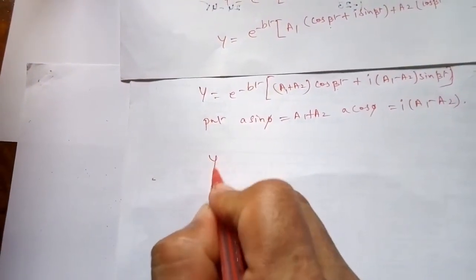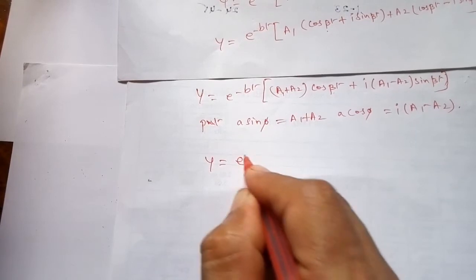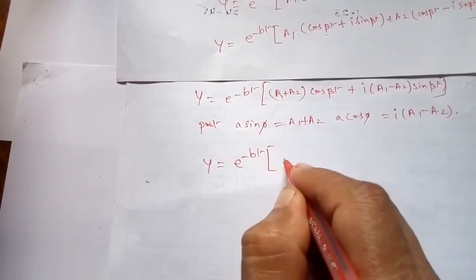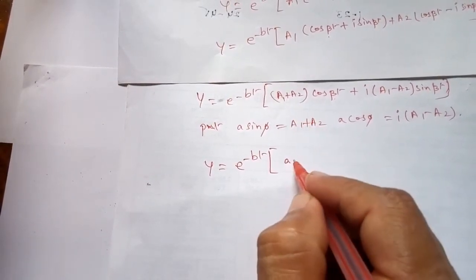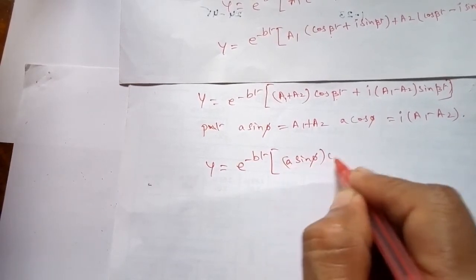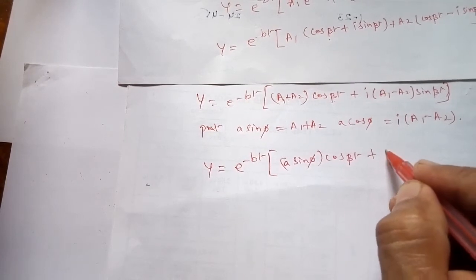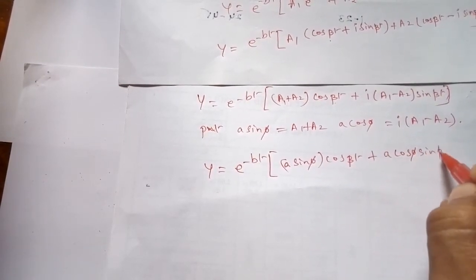Then the equation becomes y is equal to e to the power minus bt remains as such, a sin phi cos beta t plus a cos phi sin beta t.